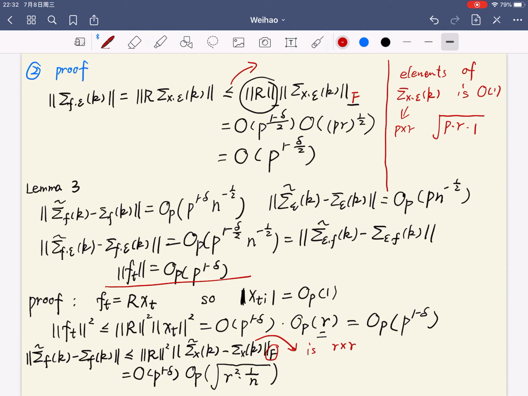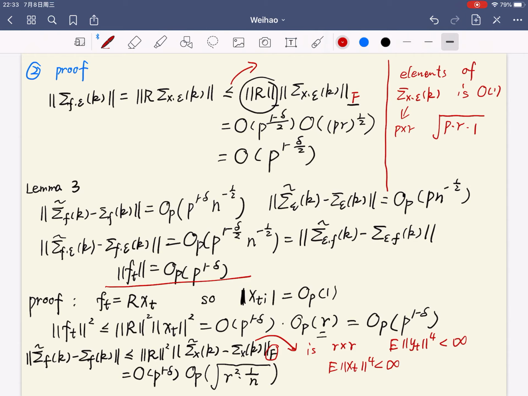For each entry, because we assume the first moment of yt is finite, we can have the first moment of xt is also finite.